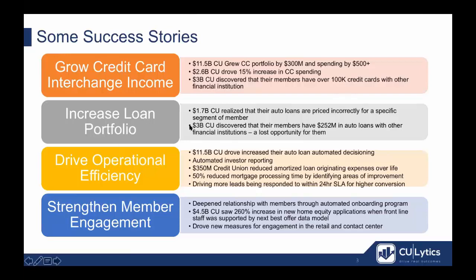Another credit union, in this case a 3 billion credit union, discovered that their members are making auto loan payments for about a 250 million portfolio to other financial institutions. Again, a lost opportunity for them.